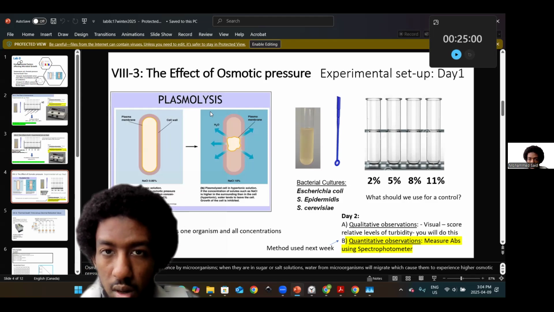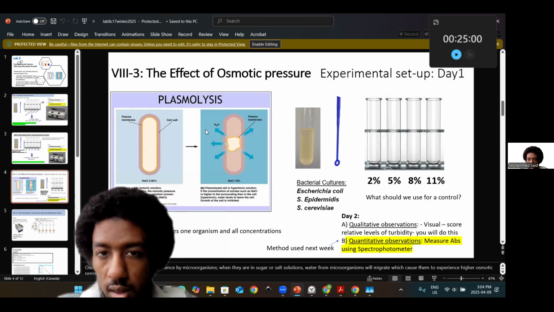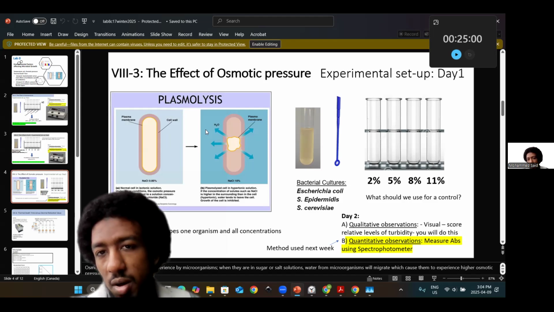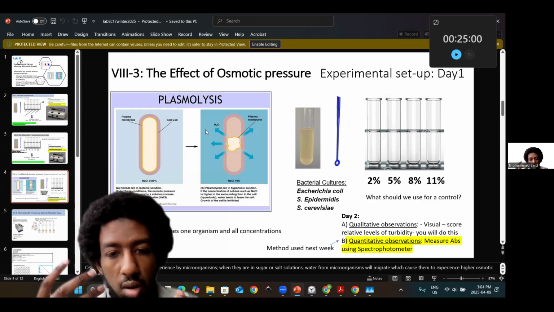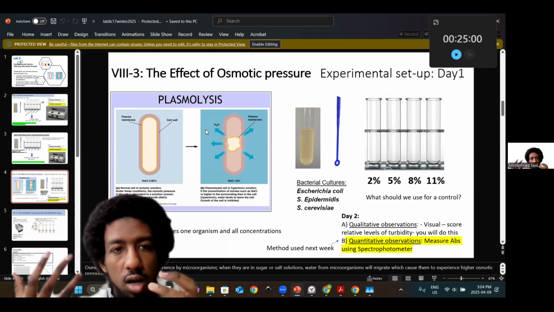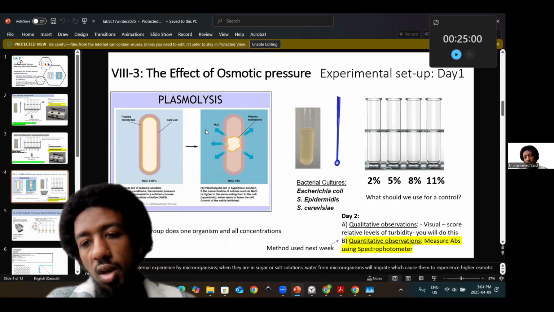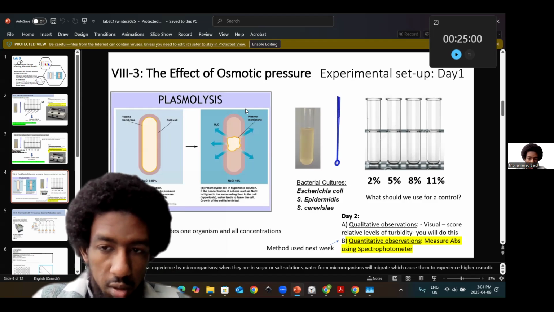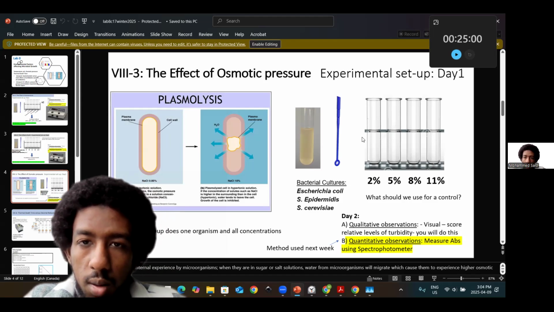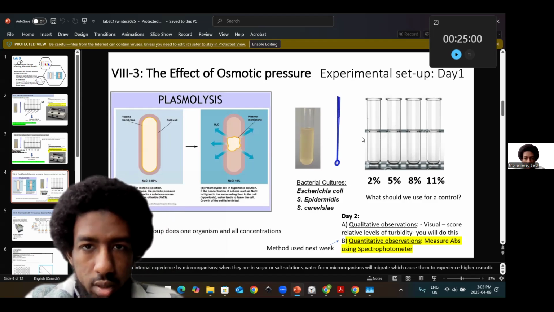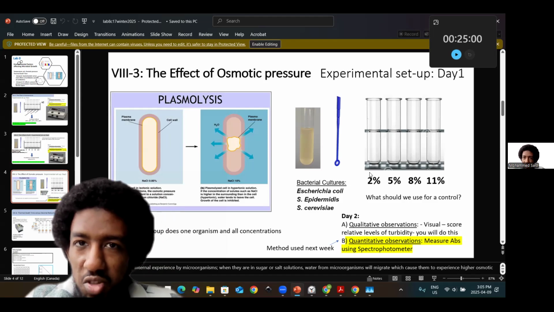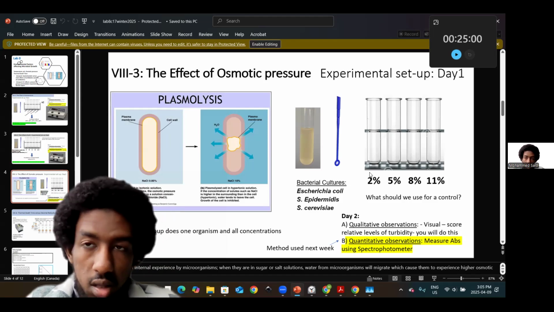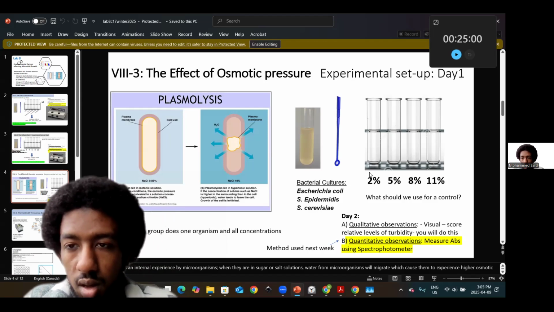It could be living or non-living as well, but the idea is that they could have impact. So osmolarity and osmotic pressure are concepts that were integrated interchangeably, and or salinity as well. But salinity usually refers to NaCl, like saline as an example.